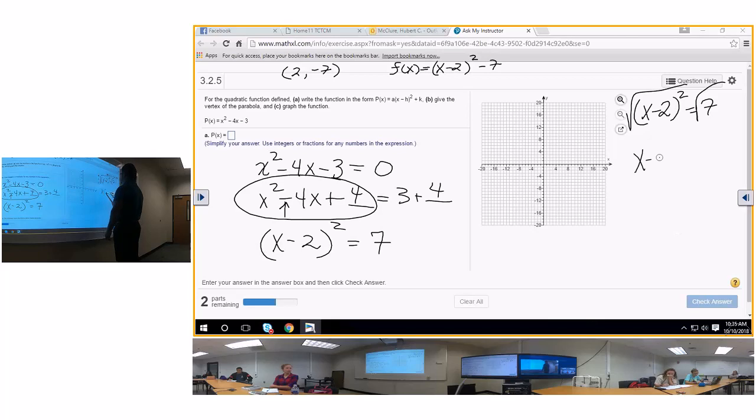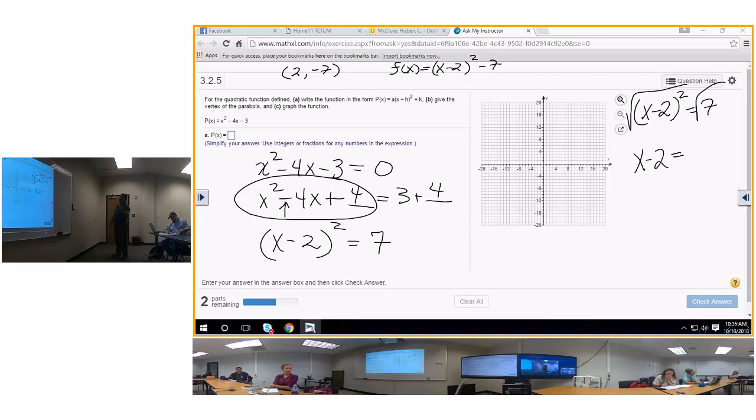X minus 2 is equal to, okay, let's do the square root of 4 is 2, and the square root of 9 is 3. Half of 4 to 9 is what? 2. So that's going to be 6.5 is 2.5, so 2.6. Somebody take the square root of 7. It's 2.6. Nailed it. That was my guess.